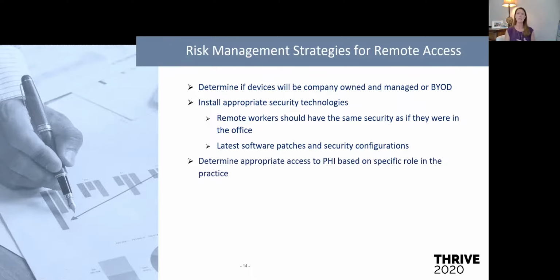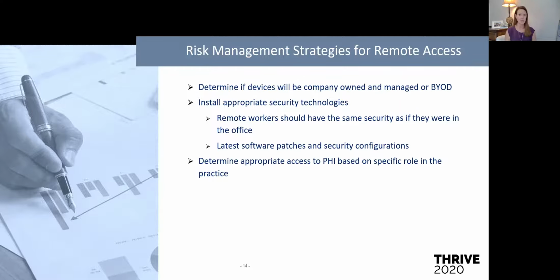And then just to take a step back from all the technology aspect, really think about who needs access to what. How much information does a remote worker need access to? Just like you are required from a HIPAA standpoint to determine minimum necessary for your staff, who needs access to the entire clinical side of the record, or who just needs access to billing information?